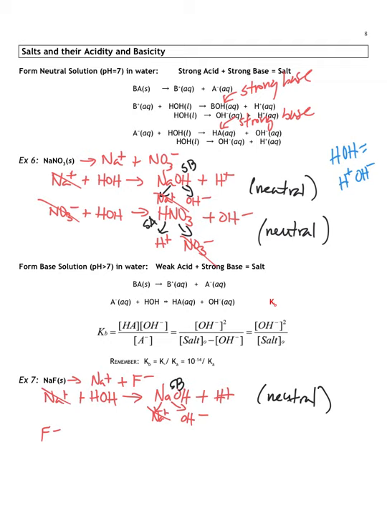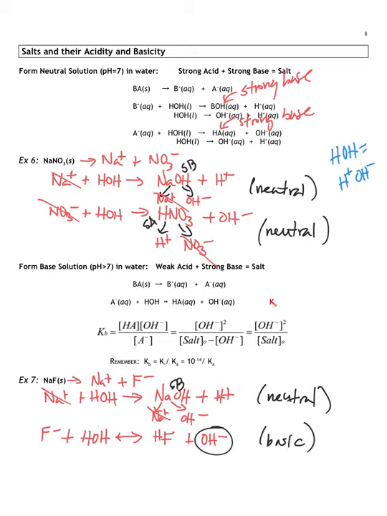Now let's look at this F minus. When F minus reacts in water, it's going to produce an equilibrium where you're forming HF, which is a weak acid, and hydroxide ion. That hydroxide ion is what's going to make the solution basic in the end.